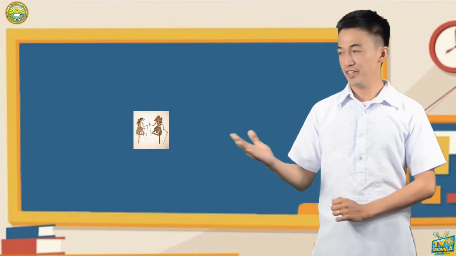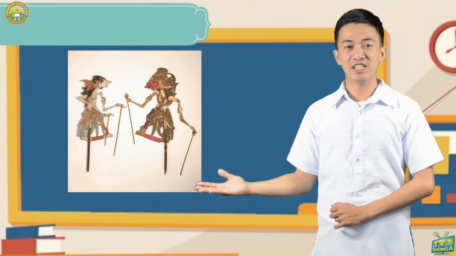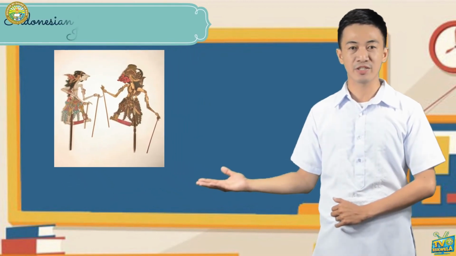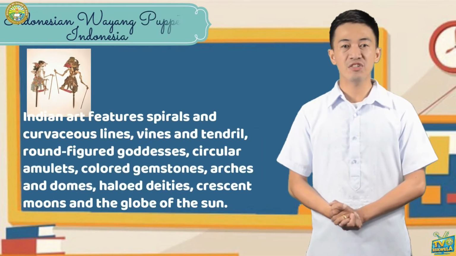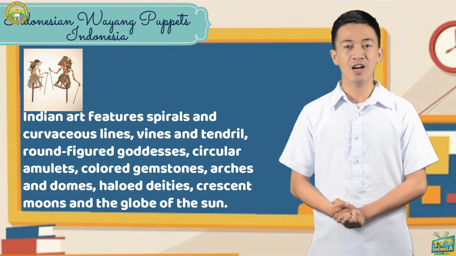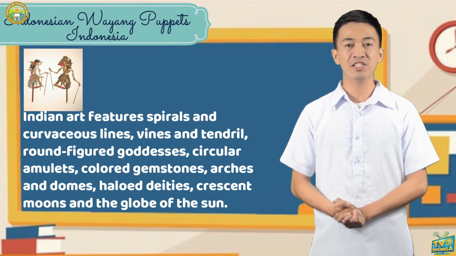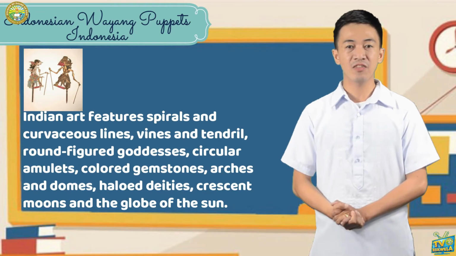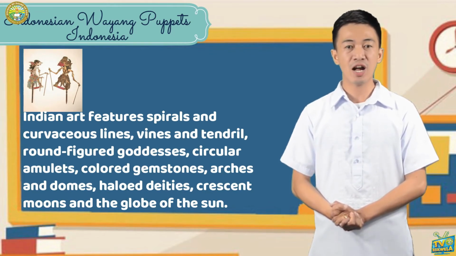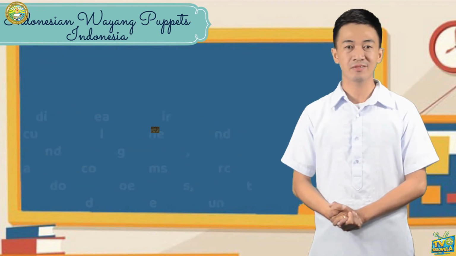The next picture is Indonesian wayang puppets. The most famous Indonesian traditional paintings are the Balinese wayang style paintings. This style of painting flourished on the Indonesian isle of Bali throughout the 13th century.